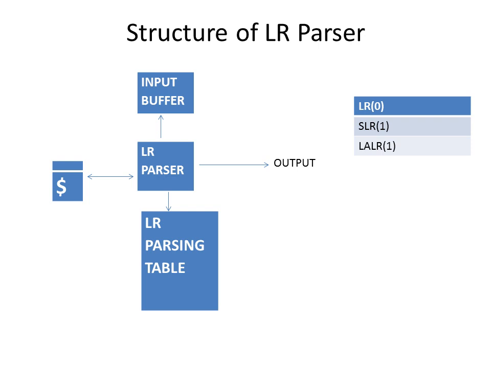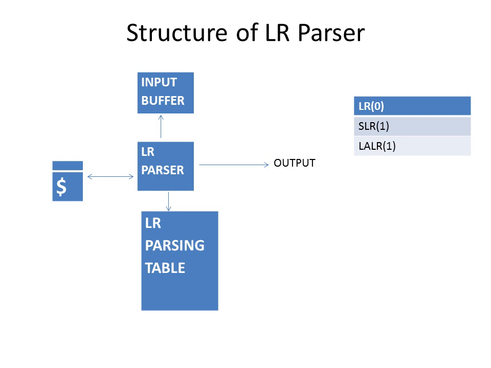The LR parser contacts the stack for both read and write operations, that is why a bidirectional array is used. The LR parser also contacts the LR parsing table and the input buffer. Finally the LR parser produces the output.